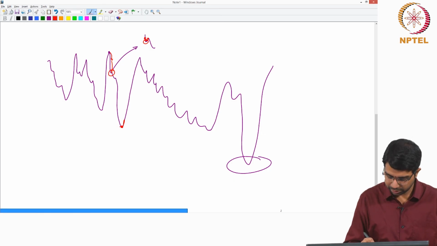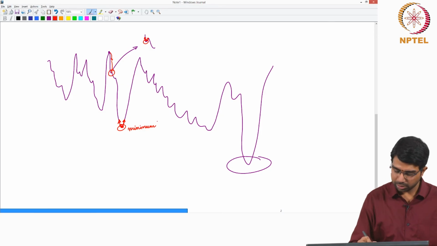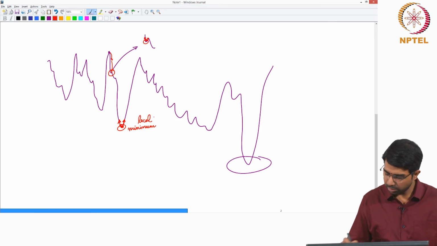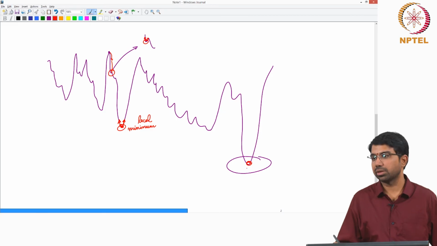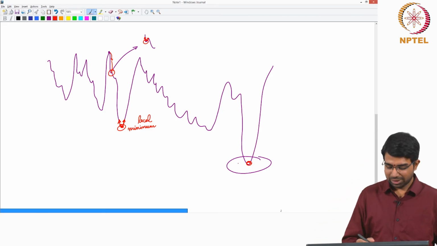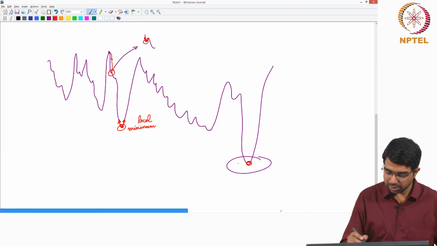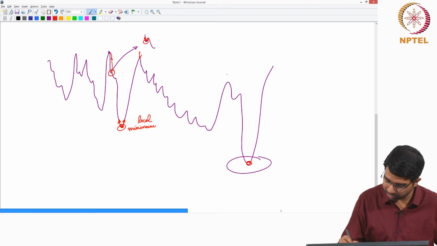You go in this direction, cost increases, you go in this direction, cost increases. So you are at a local minimum. But what you want is to get here, how do you get here? So one thing to do is you have to somehow kick this out of local minima, right. So one obvious option is you can start exploring at different points.